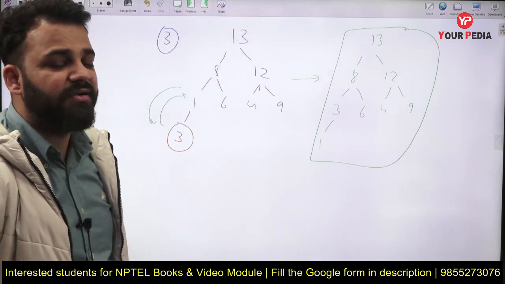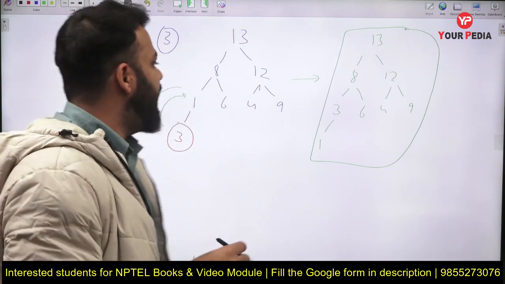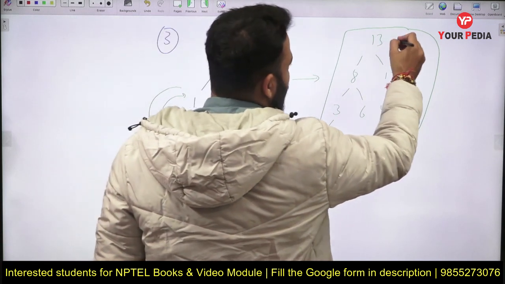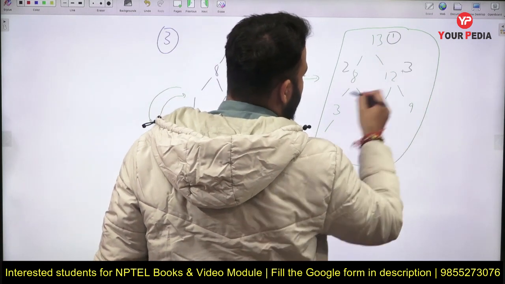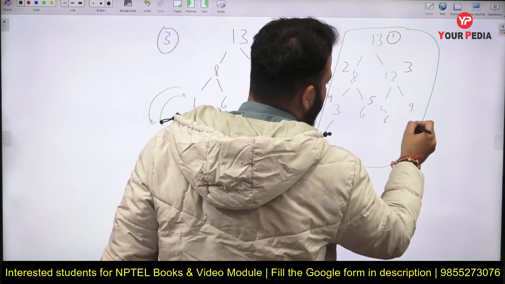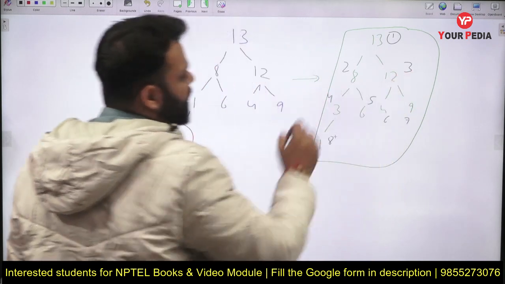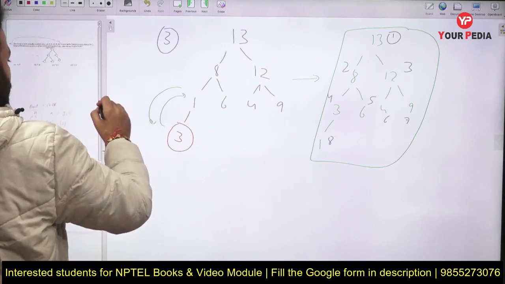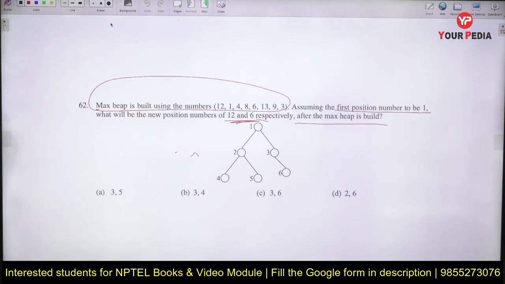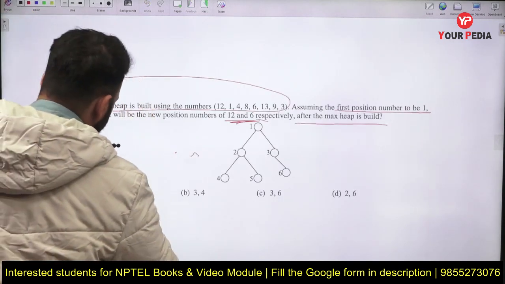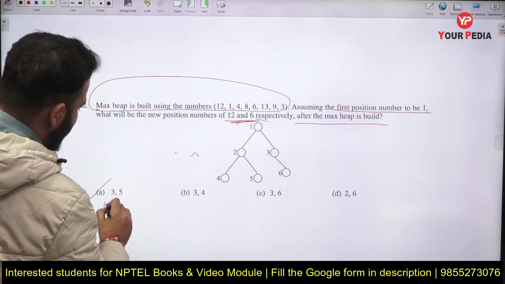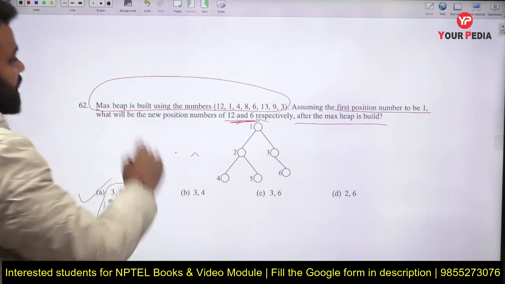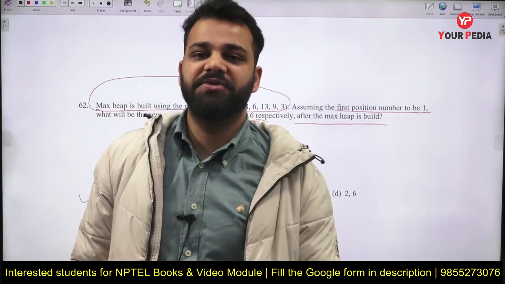Now the question is, what will be the place of 12 and 6 in our max heap tree? If you number these 1, 2, 3, 4, 5, 6, 7, 8, you can see the positions of 12 and 6 are 3 and 5 respectively. So the correct answer should be 3, 5. 12 is at third place and 6 is at fifth place. So the correct option will be option A.